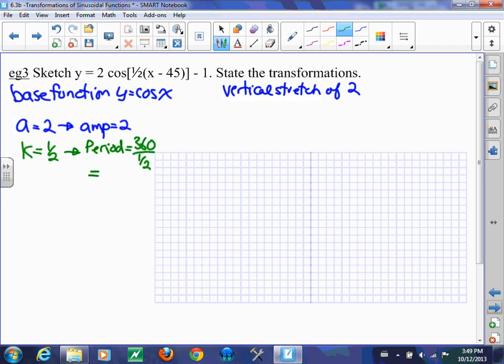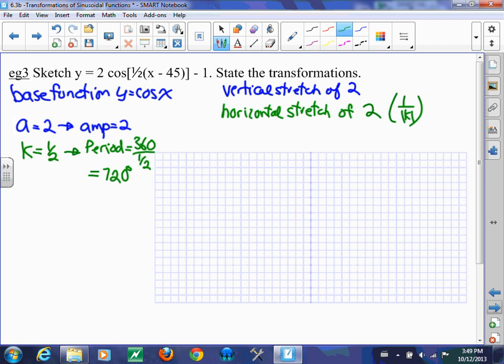So the period is going to equal 720 degrees. So the K is going to tell us that we have a horizontal stretch by a factor of 2, because remember, it's 1 over the absolute value of K.